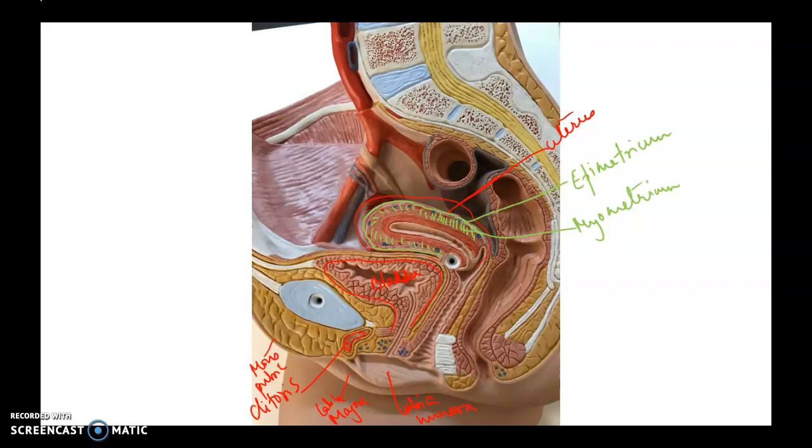So that's myometrium. And then the darker red layer, if you see, let me change color. This dark red layer that you see, that I'm actually pointing with blue, this dark red layer is your endometrium, and this is the layer that is shed during every menstrual cycle.